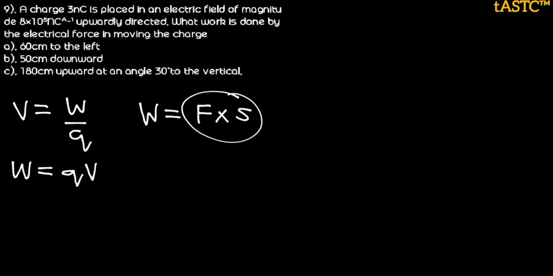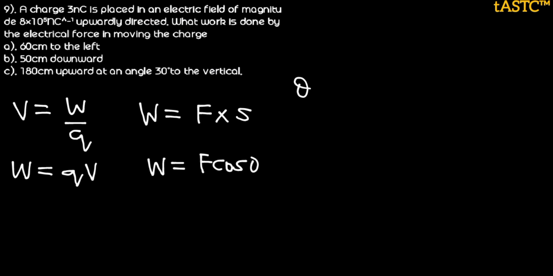Now what if the motion of the charge is inclined at some angle theta with the electric field? Then we have F cosine theta, which is the horizontal component, multiplied by S. So this should be F multiplied by S cosine theta.